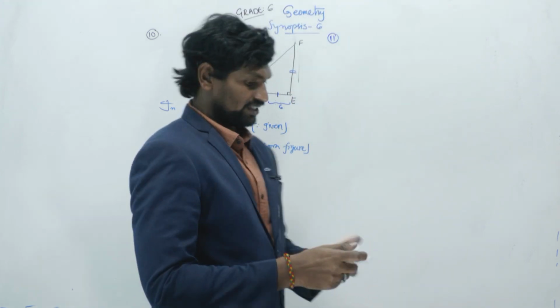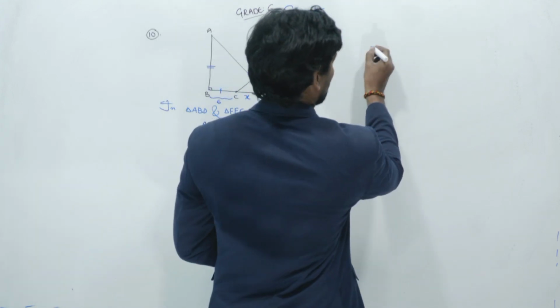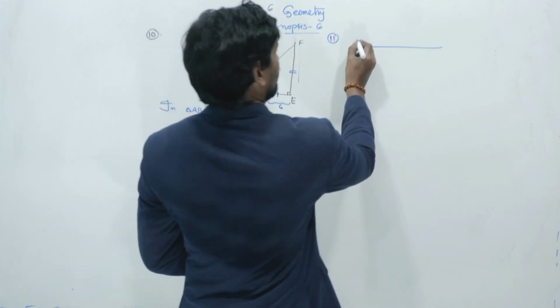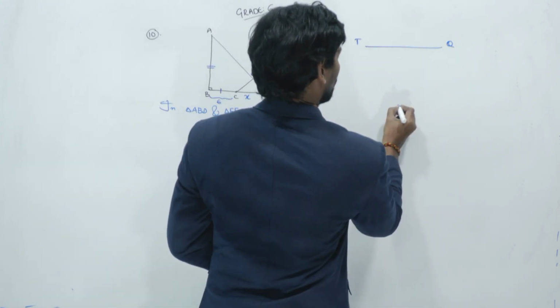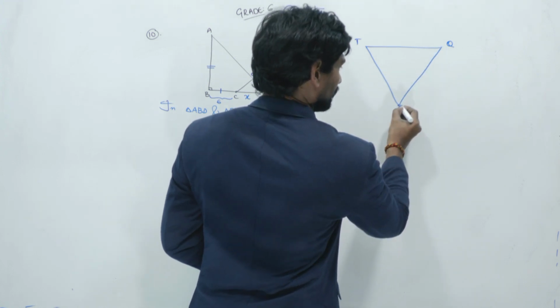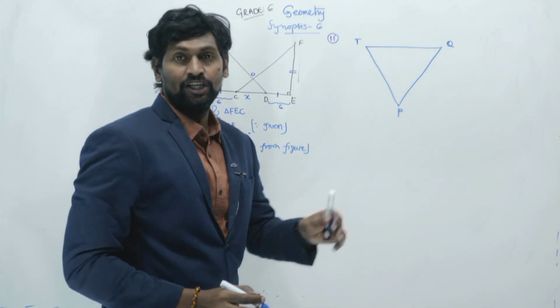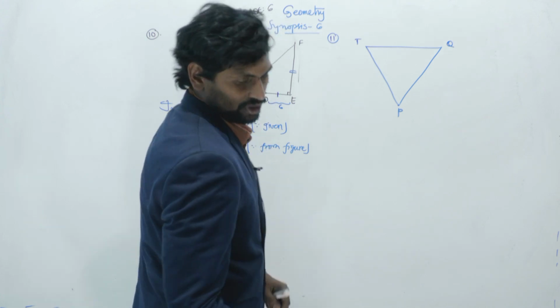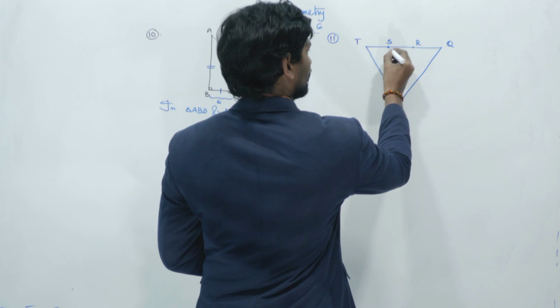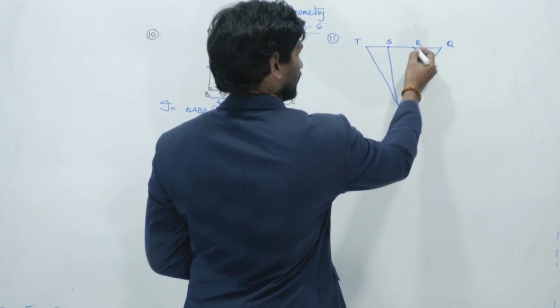Let me draw the diagram here. One line segment is given, that is TQ, and here one letter P will be there. Both are connected to P. So PQT is a triangle and the middle two letters are S and R. Both S and R are also connected to P.